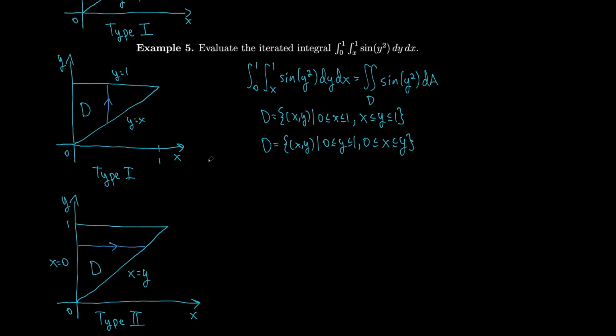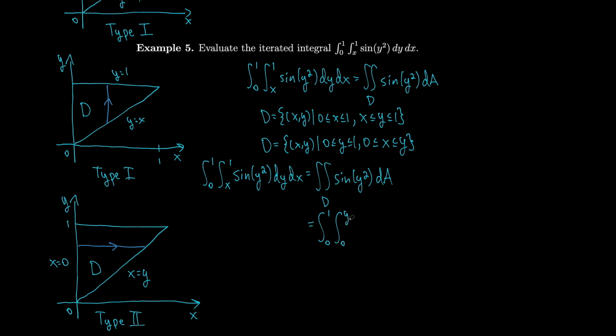So that means that my iterated integral, the original one that I was given, from 0 to 1, x to 1 of sine of y squared dy dx can be rewritten using Fubini as a double integral over D of sine of y squared dA, which can be further rewritten again after we reset it as an iterated integral from 0 to 1 now for y, and then 0 to y for x of sine of y squared dx dy.